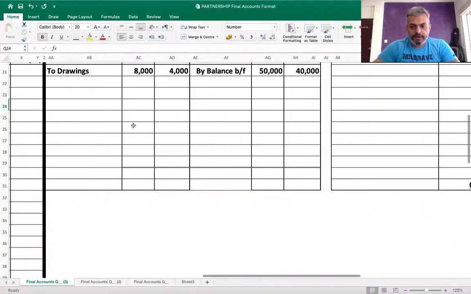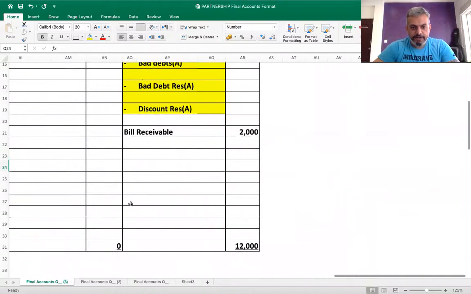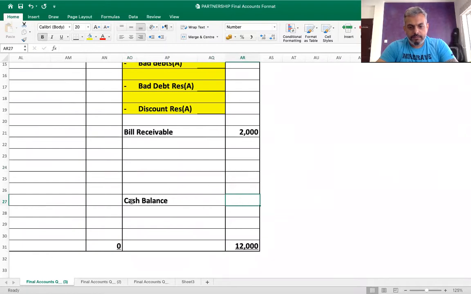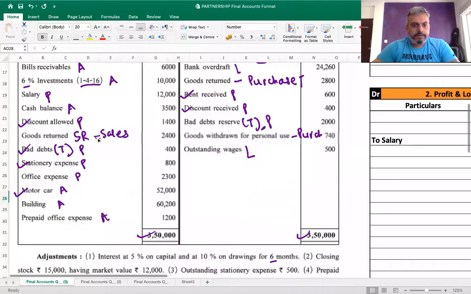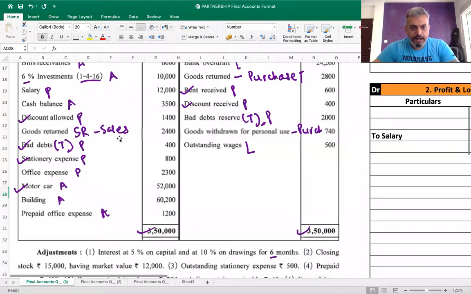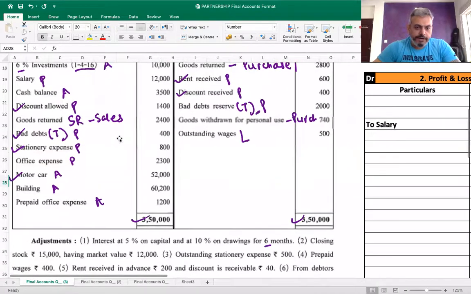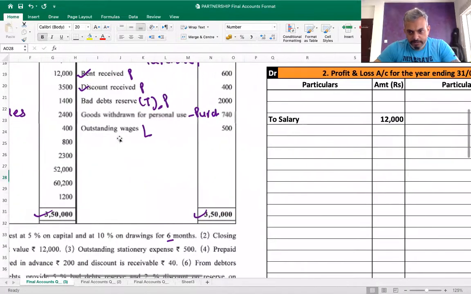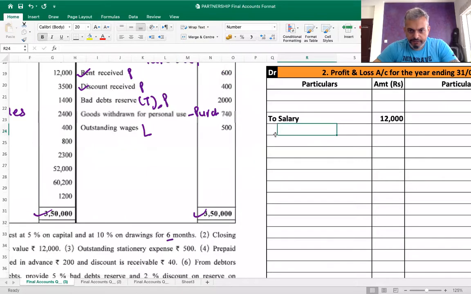Cash balance 3,500. Balance sheet asset. Then discount allowed. Now we have a format for discount allowed and bad debts. So we can do both together. Okay, or let's do discount first because it is given first.